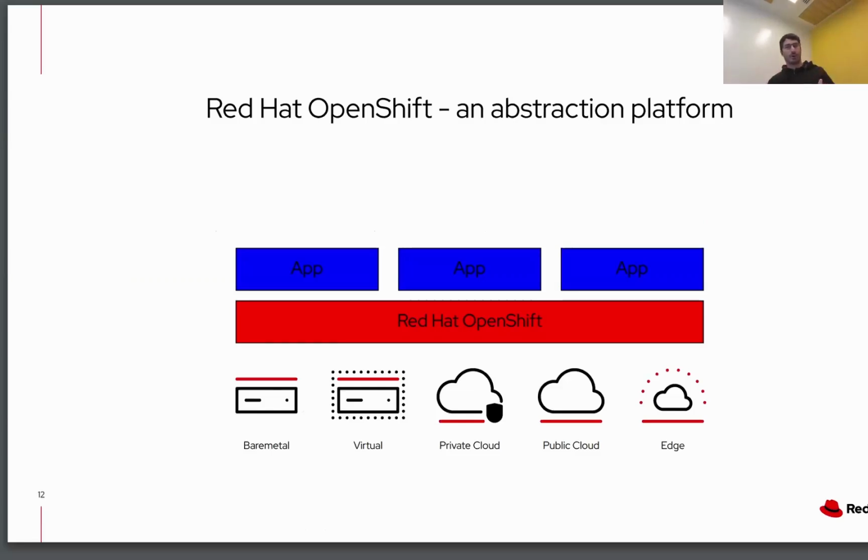The way OpenShift works is that it's an abstraction layer. And this, I think, is the critical aspect that can help Z to be part of that big multi-architecture hybrid cloud environment. Because since OpenShift and Kubernetes more generally, but obviously we're talking about OpenShift, is an abstraction layer for whatever there is below it, it might be very convenient in certain cases to run it on specialized hardware such as that.